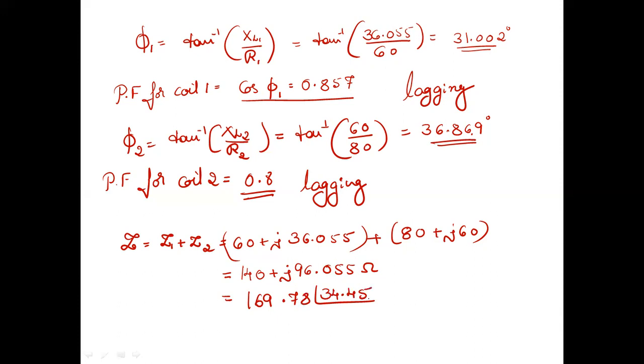Okay, so this will be the phase difference, but lagging phase difference. So you can find power factor for overall circuit equal to cos phi. And what is the cos phi? Cos of 34.45, and the value will be, just a minute, I'm getting it as 0.824.